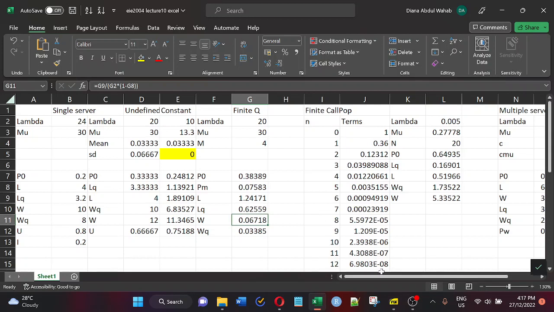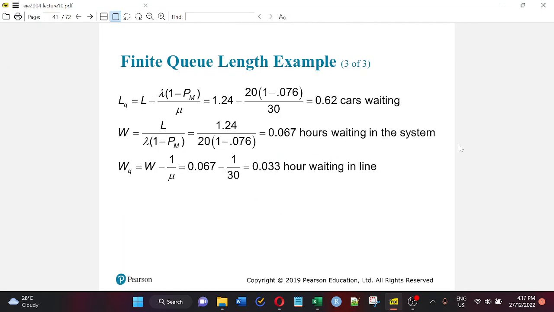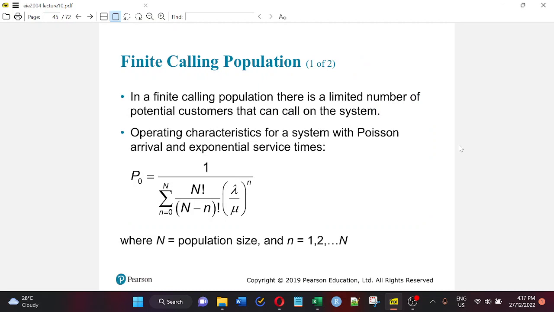Right, now I would like to talk about the finite calling population. The difference from the finite queue, where the queue is limited, is that a finite calling population is when there is a limited number of potential customers that can call on the system.